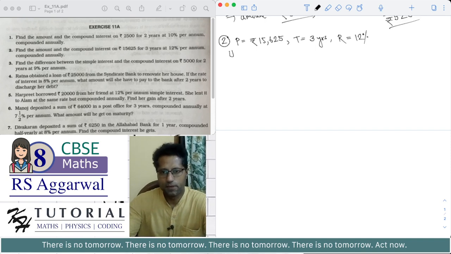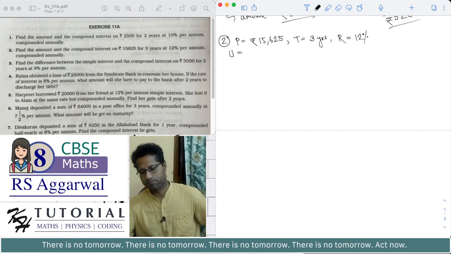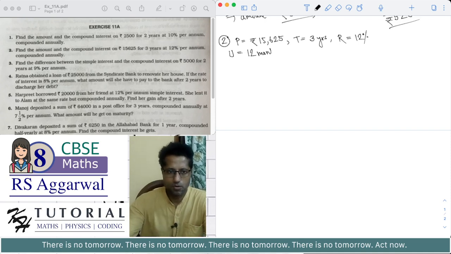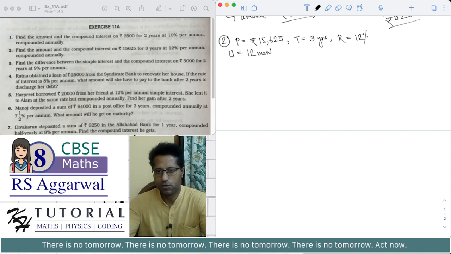and the unit of time is in months, 12 months, because it has asked to find the interest compounded annually. So compounded annually means the unit of time is 1 year or 12 months. Okay, so we have this information.